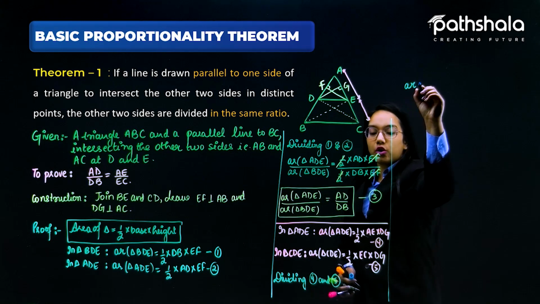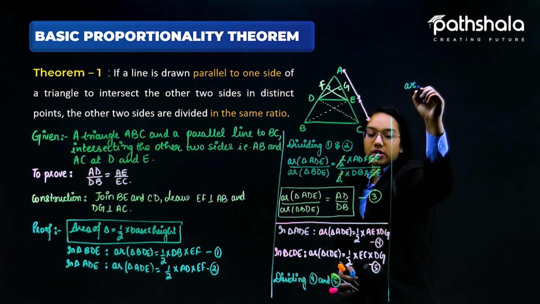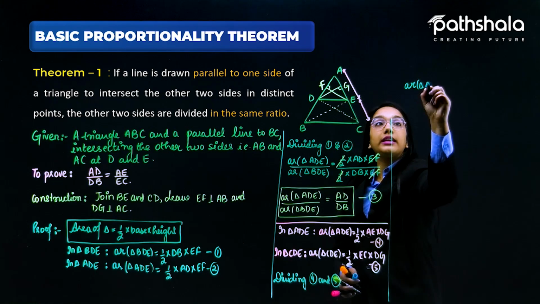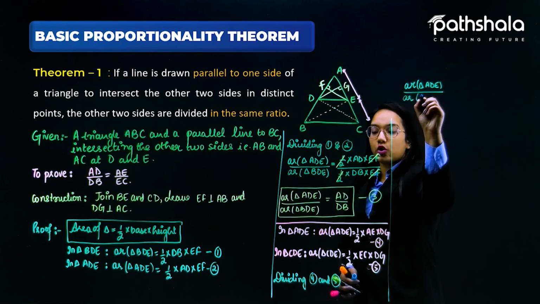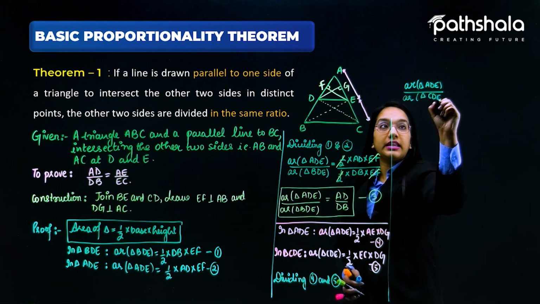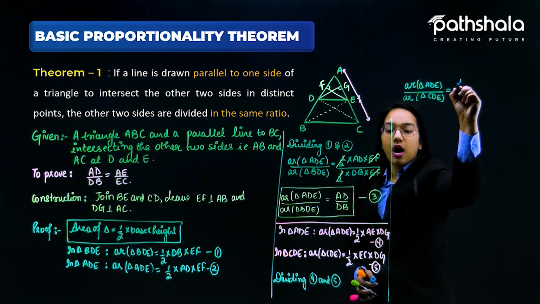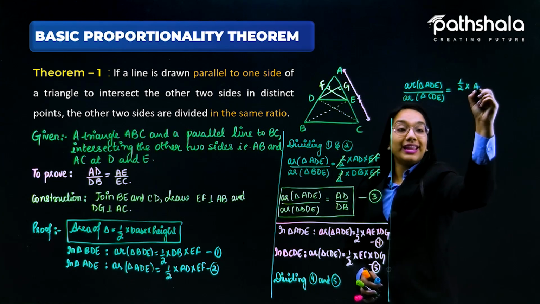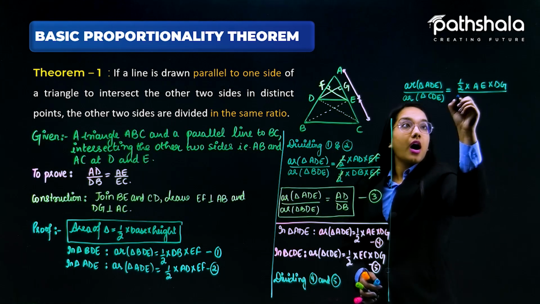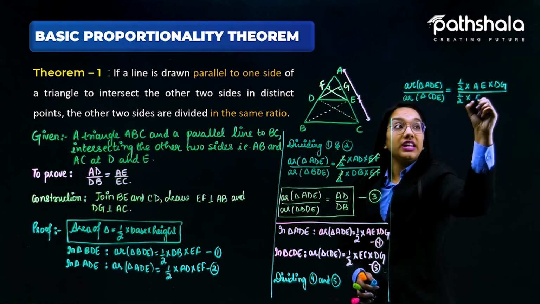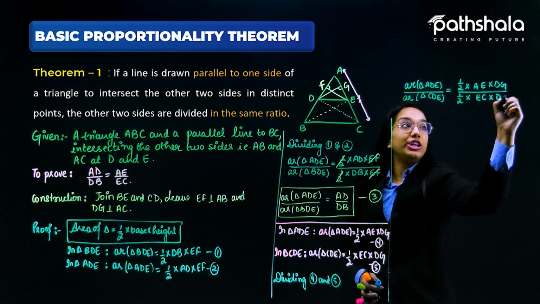the area of the triangle ADE by the area of the triangle CDE is equal to half into AE into DG divided by half into EC into DG.